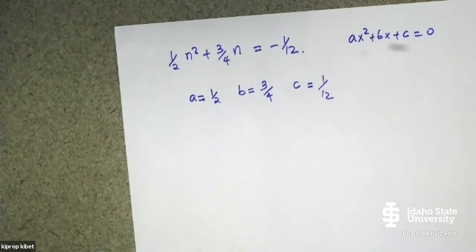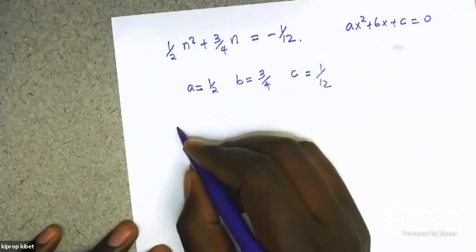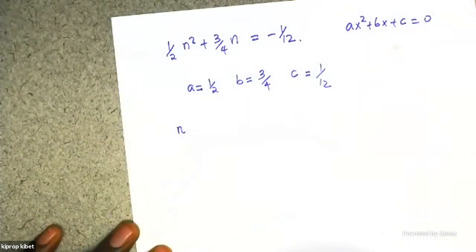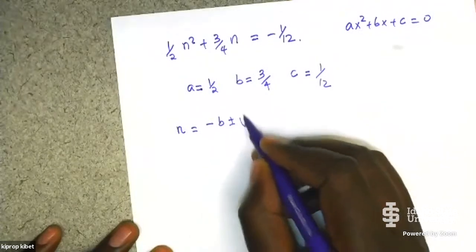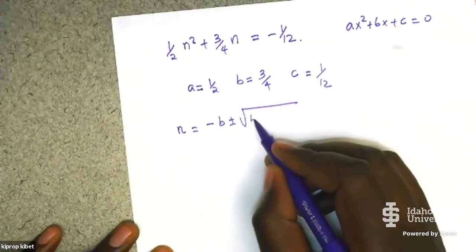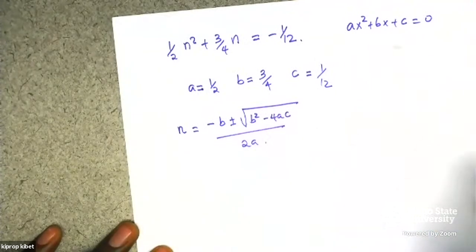Now, you can check whether it will give you a complex, distinct, or one solution, or you can just go directly and use the quadratic formula to get that. So we are looking for what? N. N is equal to minus b plus or minus the square root of b squared minus 4ac over 2a.